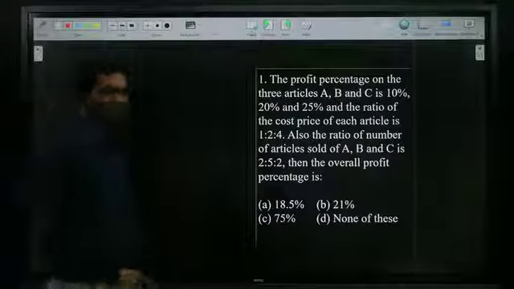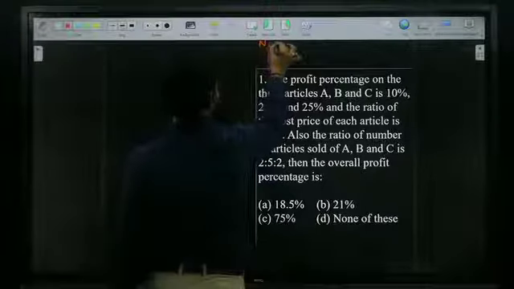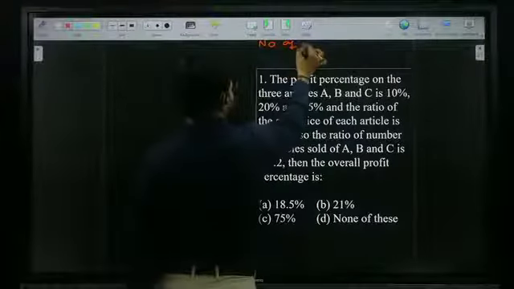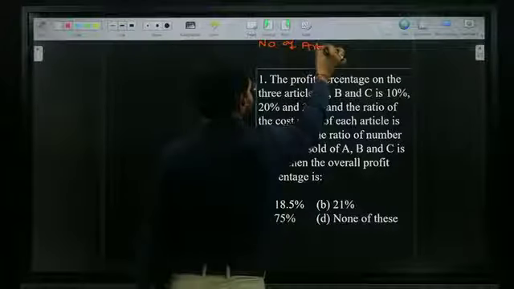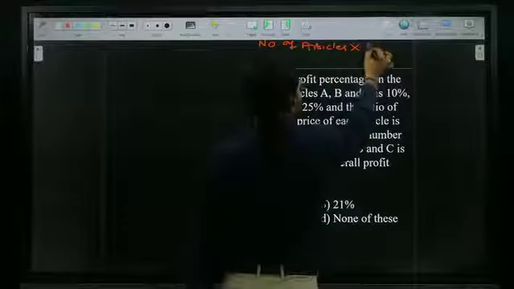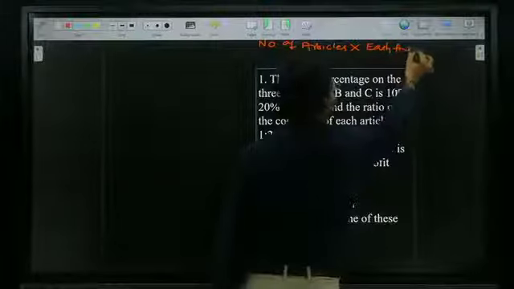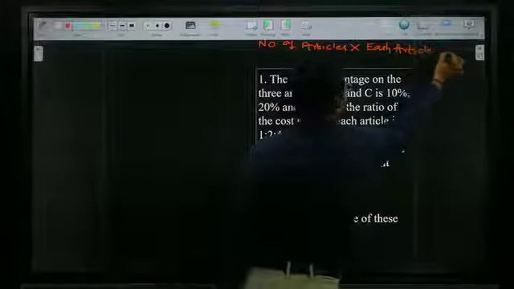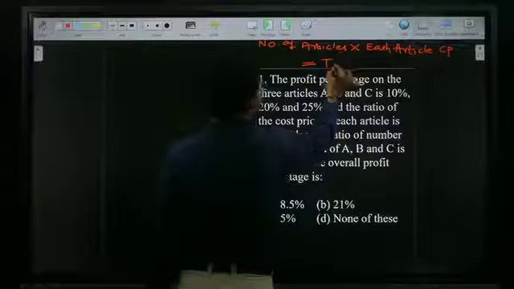Look at me, all of you. Number of articles into each article's cost price is nothing but the total cost price of the particular article.